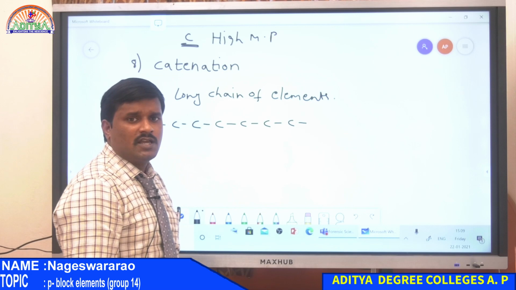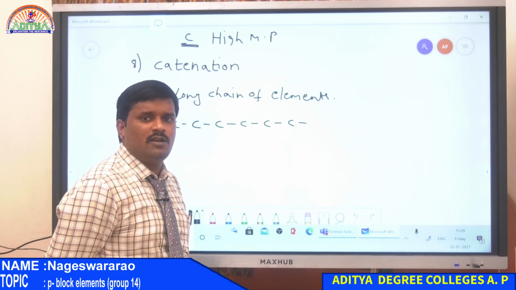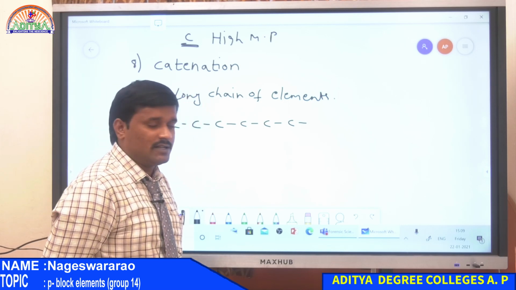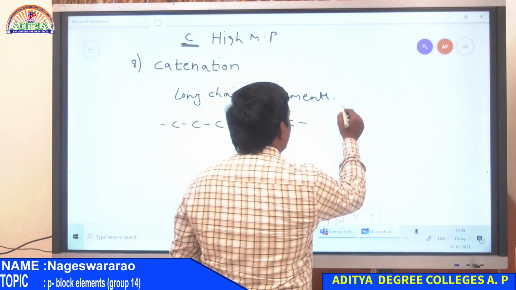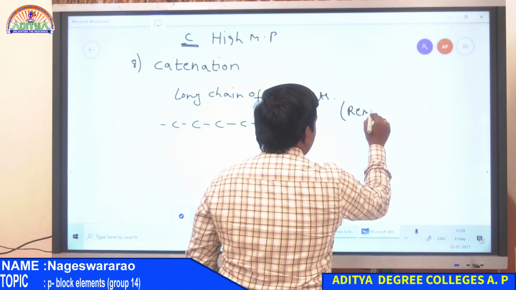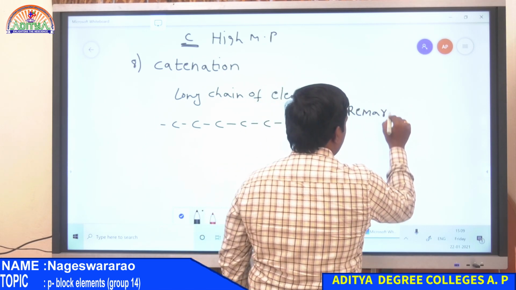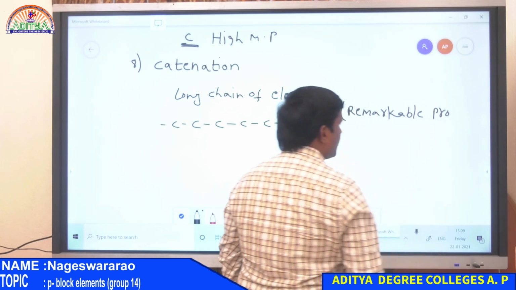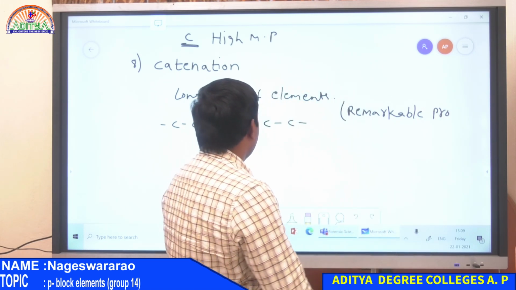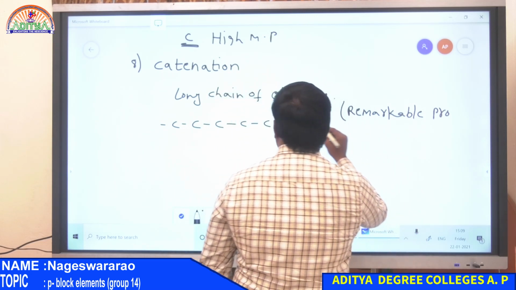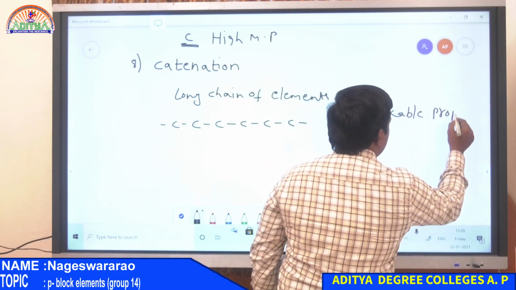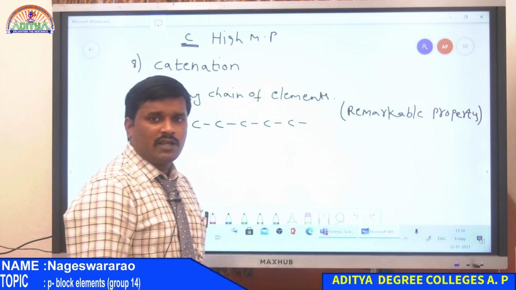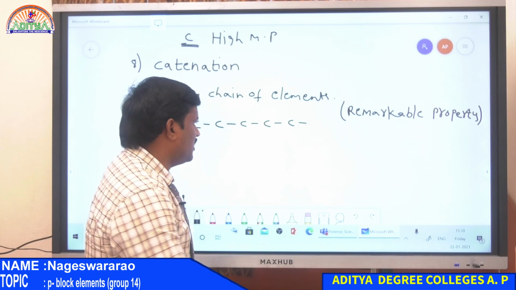So there exists a long chain formation of the same element. This type of structure is known as the catenation character. Only carbon has this remarkable property. No element forms catenation compared to carbon. Carbon is the best element to show catenation. So carbon can form any number of carbon atoms in a long chain.